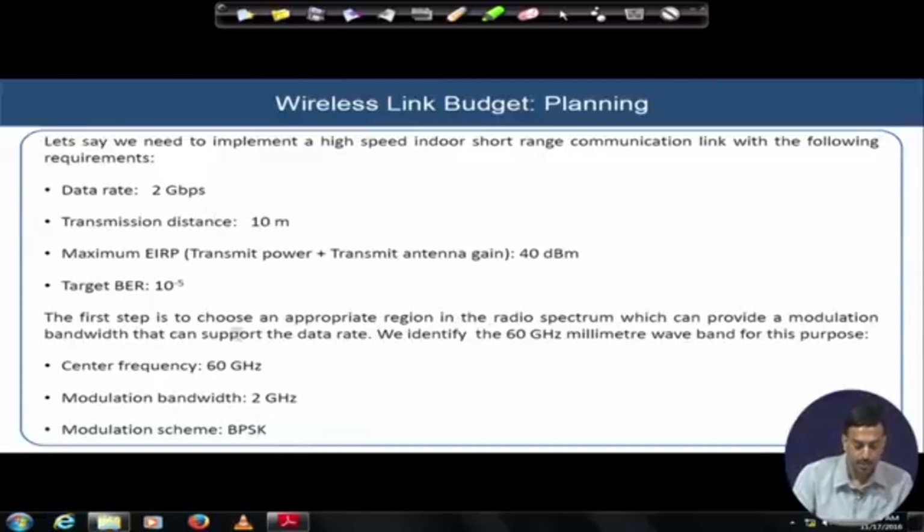Once we have zeroed in on a possible solution to meet these requirements, let us see what kind of wireless system, a 60 gigahertz wireless system, needs to be designed in order to meet a target BER of 10 to the power minus 5.